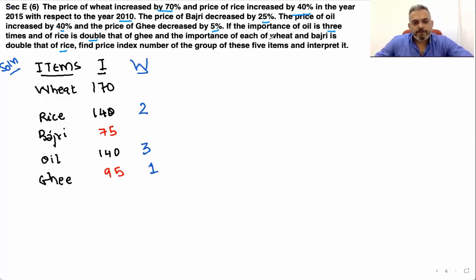The importance of each of wheat and bajri is double that of rice, so that is 4 and 4. So total: 3 and 1 is 4, 4 and 4 is 8, 8 and 4 is 12, and 2 is 14.